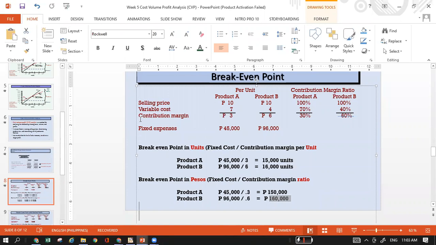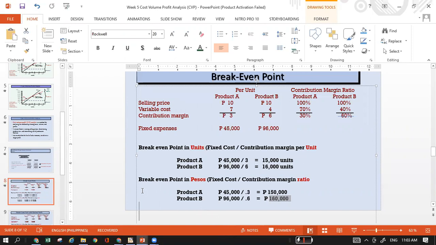Tandaan nyo lang, if we talk about units, your denominator should be per unit also. So 45,000 fixed cost divided by your contribution margin per unit, and you get 15,000 units. It means that you have to sell 15,000 units to break even.